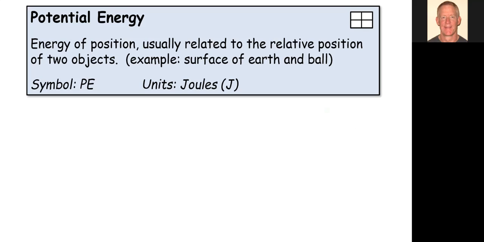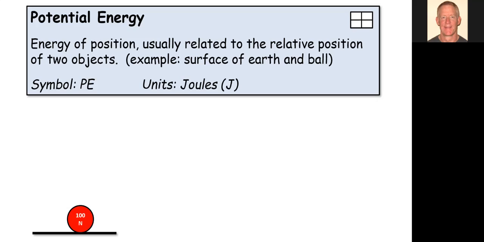Typically, if we're talking mechanical potential energy, it's the energy of position related to the relative position of two objects. So for example, the surface of the earth and a ball, right? How far above the surface of the earth is the ball? Has it been raised? Okay. The symbol we use for potential energy is capital P, capital E. And again, notice no matter what type of energy, it will always have the same unit of joules.